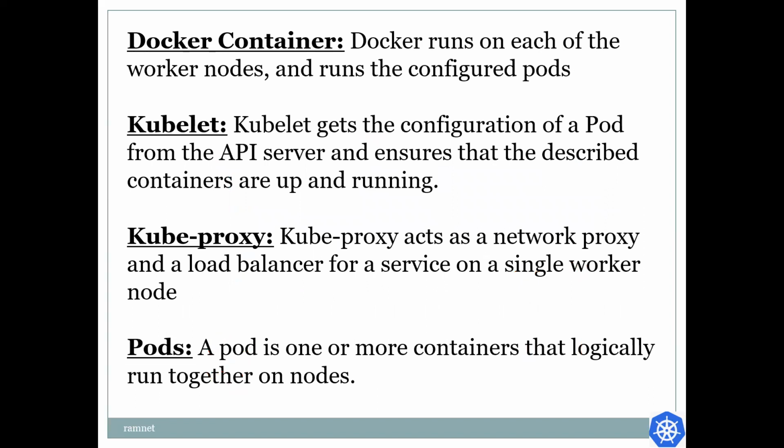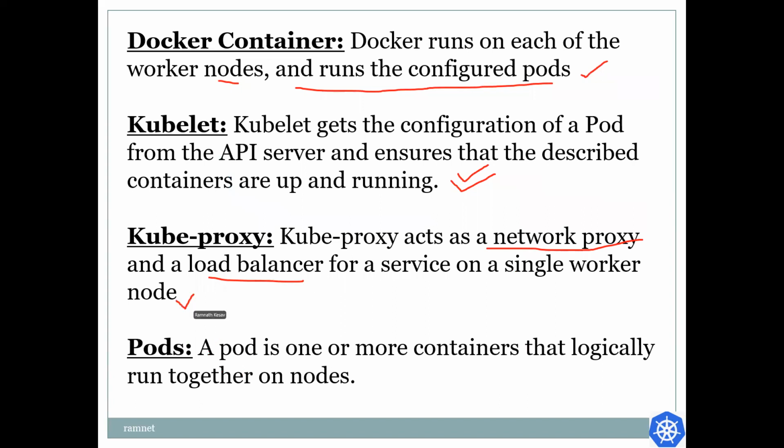Docker runs on each one of the worker nodes and runs in the configured pods. Kubelet gets the configuration of the pod from the API server and ensures that the described containers are up and running. Kube proxy acts as a network proxy and a load balancer for a service on a single worker node.